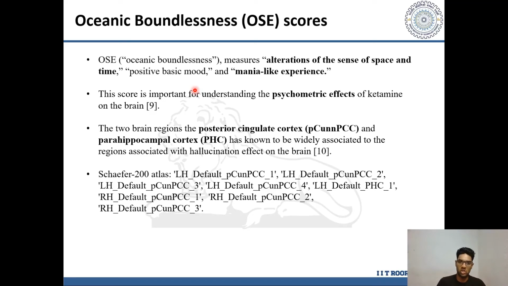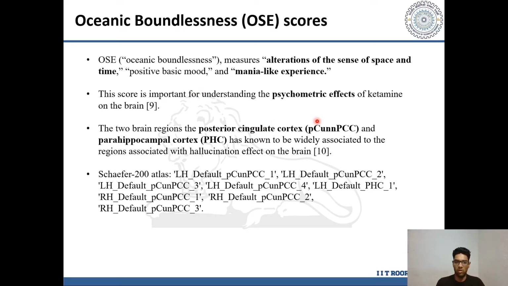What it represents is the alteration of the sense of space and time, and also a kind of mania-like experience. So if a person reports a high OSC score, it's bad, meaning the person is experiencing high psychometric side effects.